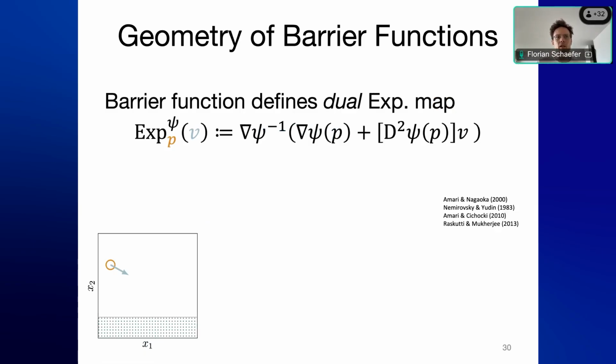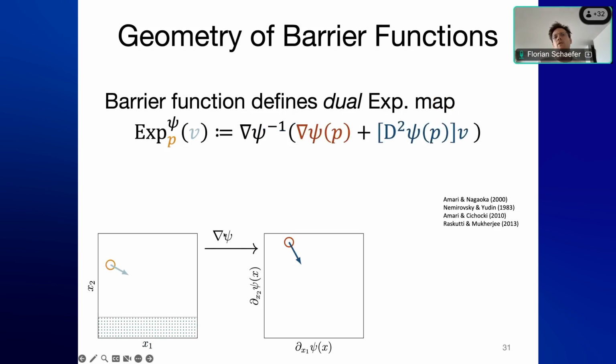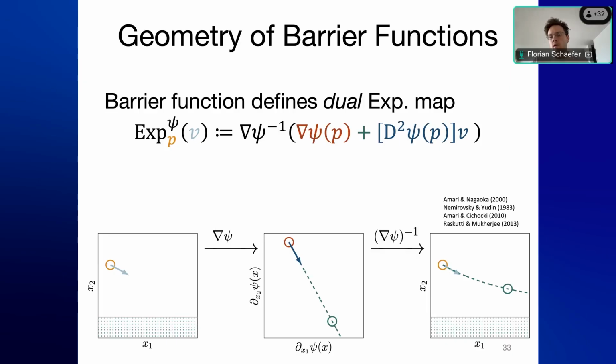The idea is that we are in our original coordinate system with our point and our direction, and then we transform both the point and the direction through the map given by the gradient of psi. So now we're in the space that is parameterized by the partial derivatives of psi. And then we do a Euclidean exponential map in this gradient space, if you will, the so-called dual space. And then we map back through the inverse of the gradient map. And that gives us our exponential map and our dual notion of a straight line.